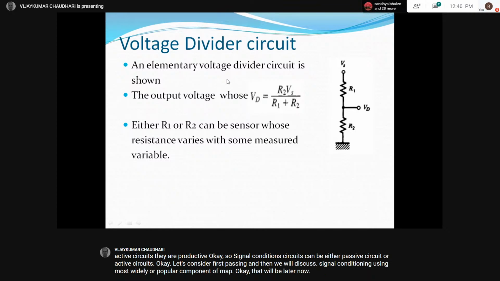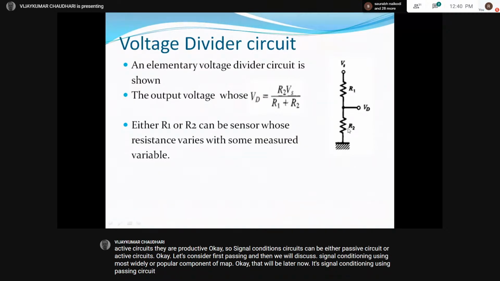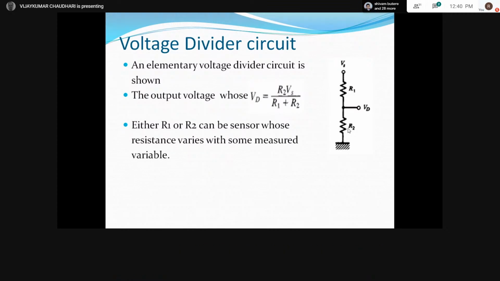As we know, in voltage division in a series circuit, the larger the resistance, the larger is the voltage across it. The smaller the resistance, the smaller is the voltage across it. So in a series circuit, voltage is directly proportional to the value of resistance.